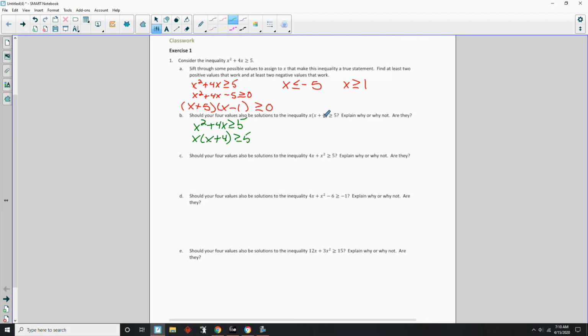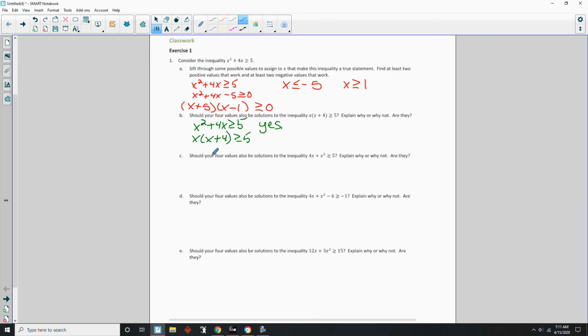So nothing has changed here in value. We just factored the left side. So the answer is yes. And it's simply because we just factored the left side using the distributive property. And so the two solutions you chose in A should still be solutions in B.